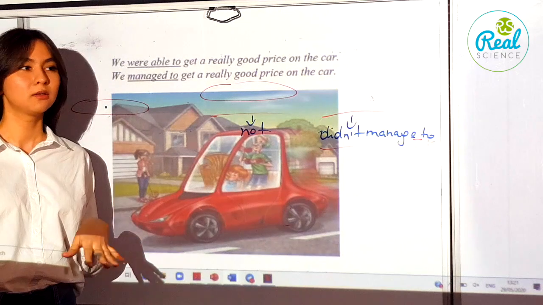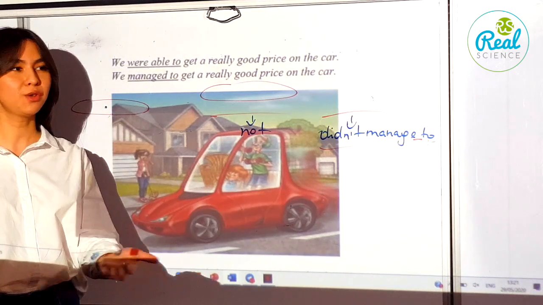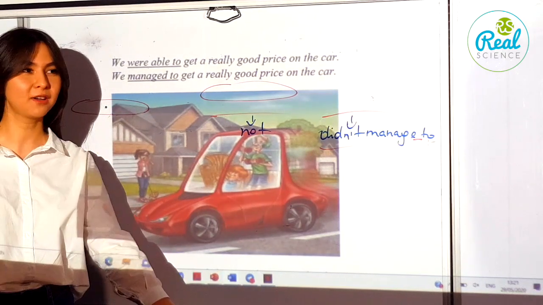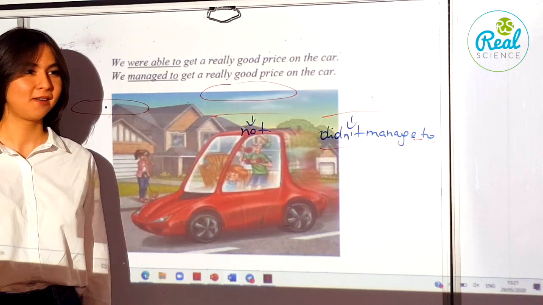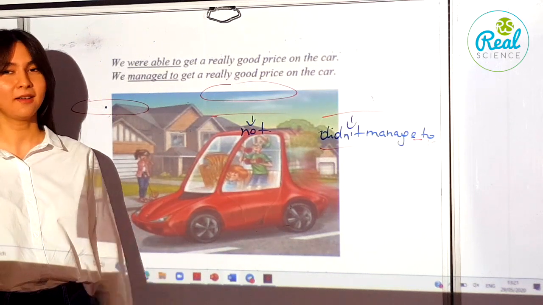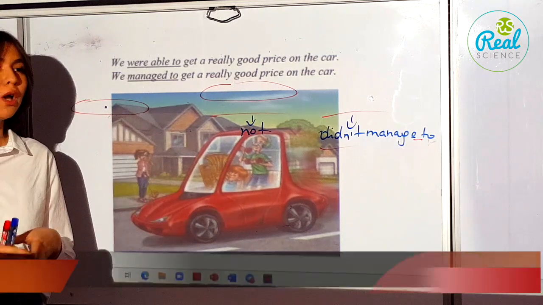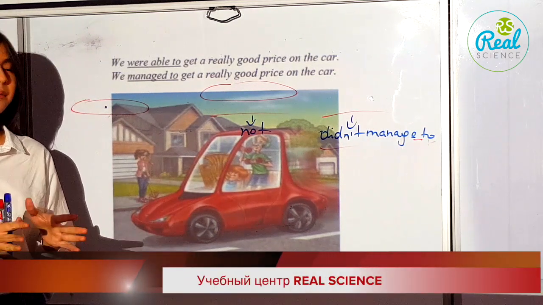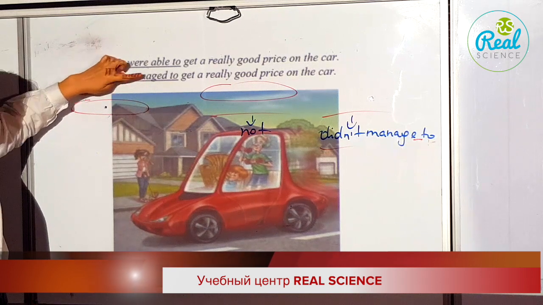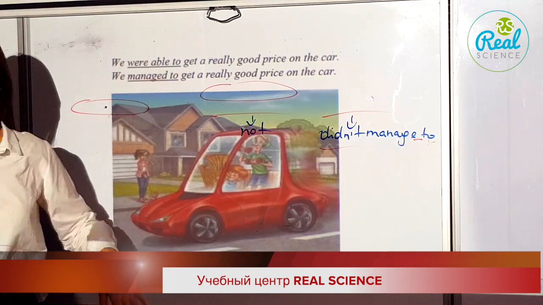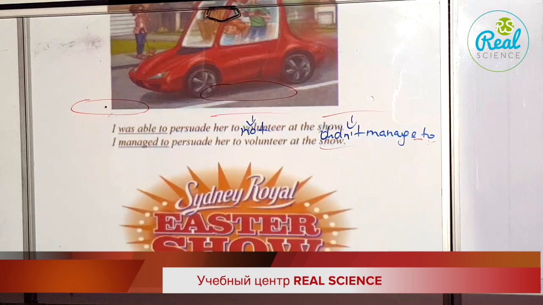Okay, very good. Not always can you get a good price for a car, yes? So this is a specific situation in the past where you were able to do something. So in that case, we also use were able to and managed to. Okay, nice. So let's continue.